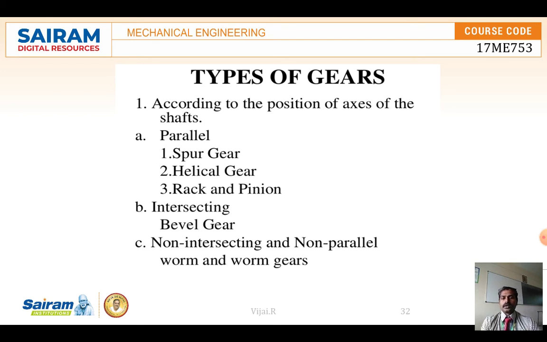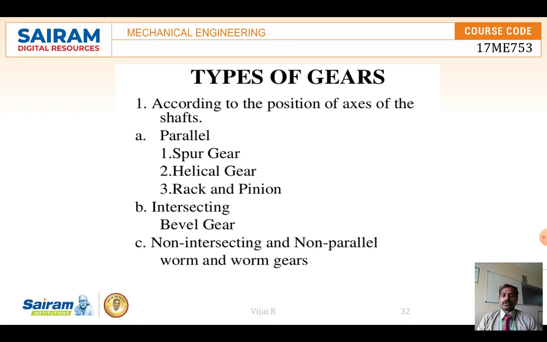So there is motion between the shafts. Okay, when there is a parallel shaft, a shaft where the motor is connected and it is rotating with some rpm, that speed of rotation is to be transferred to another parallel shaft. That means I have to use a spur gear or I can use a helical gear.